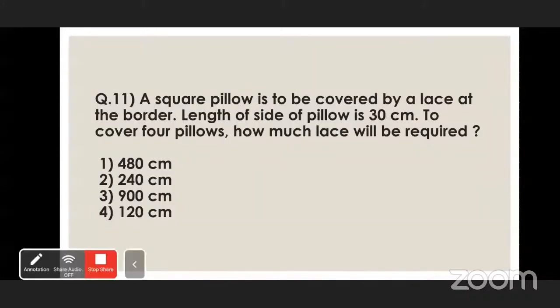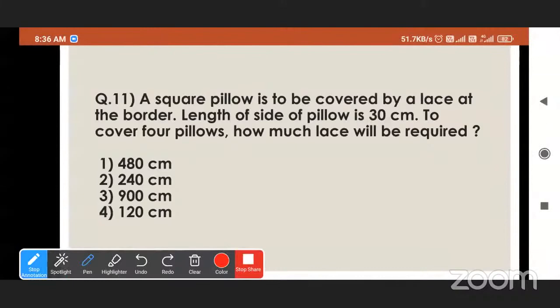Okay, now question number 11. A square pillow is to be covered by a lace at the border. There is a pillow that is in square shape. The length of side of pillow is 30 centimeter. So to cover 4 pillows, how much lace will be required?